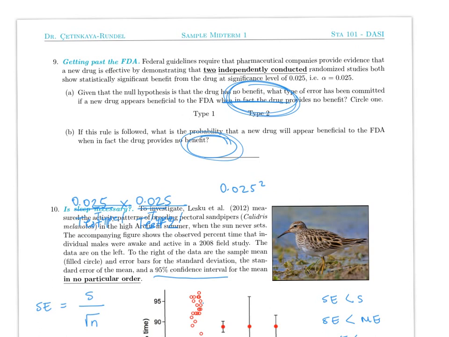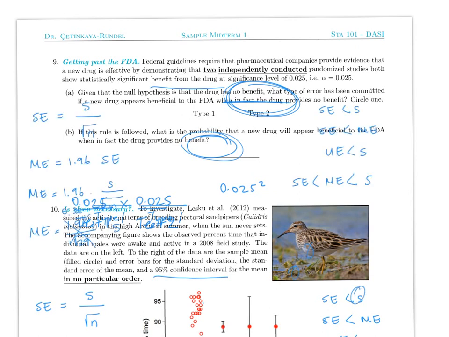Okay, so if that's a type 1 error, if this rule is followed, what is the probability that a new drug will appear beneficial to the FDA when in fact it provides no benefit? What's the probability of making a type 1 error? Alpha is our probability of making a type 1 error. So, should I put that here?